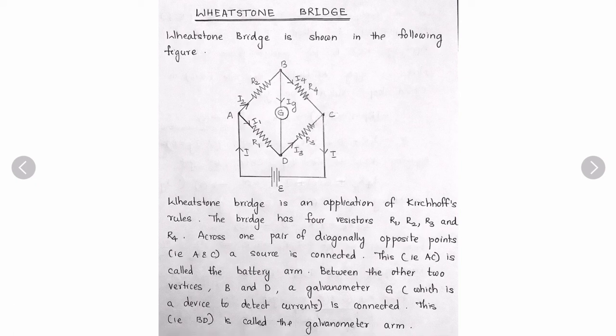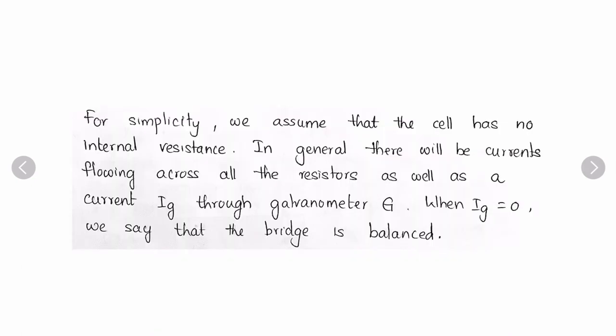And across AC we have a battery, the battery arm. Across BD we have taken the galvanometer, the galvanometer arm. For simplicity, we assume the cell has no internal resistance. Let us assume the battery has no resistance.